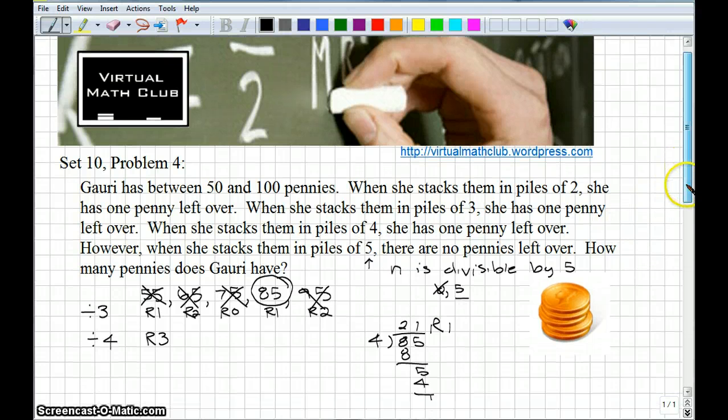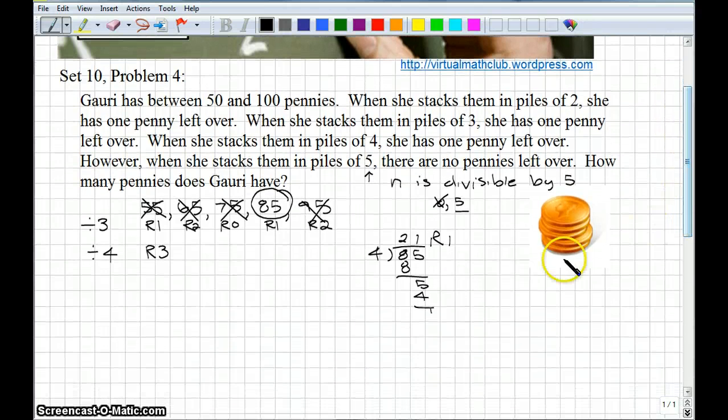Now, let me show you how my son did it. I think it's a little bit quicker. So I'm going to draw a little dashed line here. So he also looked at it and said, okay, it has to end in 5 because it's odd and it's divisible by 5. So the number has to end in 5. But then he noticed that if you were to take n minus 1, okay, so n is the number of pennies.